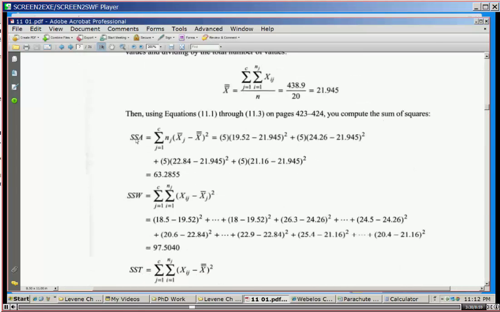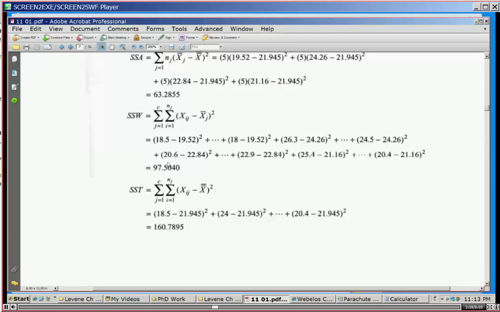In calculating sums of squares among groups, we are looking at the deviations of the individual group means from the grand mean. That's the same number over here. The deviations are squared and summed up, multiplied by the number of parachutes in each group. In this particular example, we have 5 everywhere. It could be different.